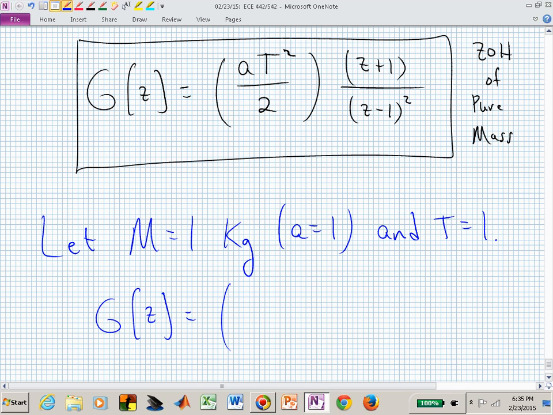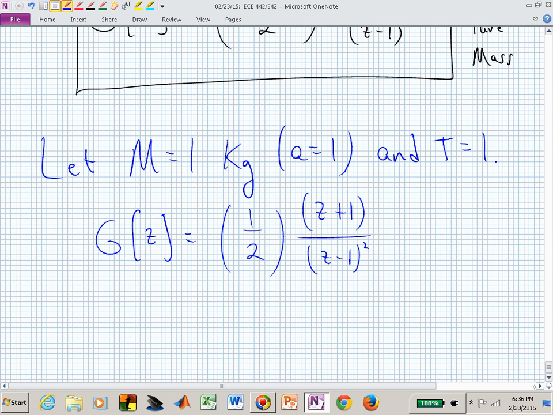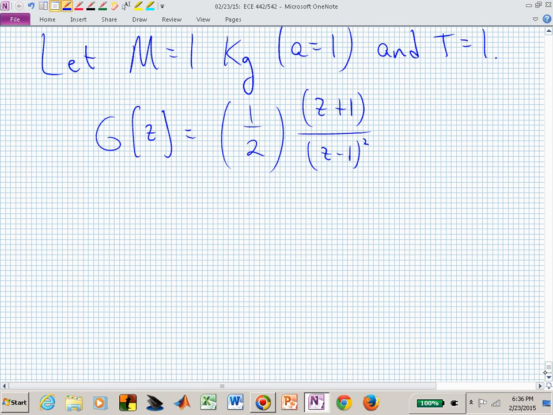We now have 1 times 1 over 2, or 1/2, times z plus 1 over z minus 1, quantity squared. What's that look like in the Z-plane if we now sketched the pole zero diagram of that system represented by G of Z?